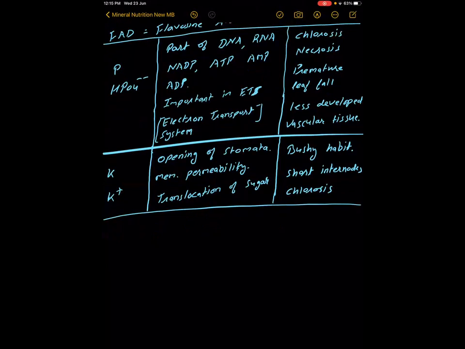NPKS, sulfur. It is absorbed as sulfate ions, or sometimes directly as SO2 from the air. Next, the role of that element, sulfur. Sulfur has made 2 questions. One is that some amino acids contain sulfur.